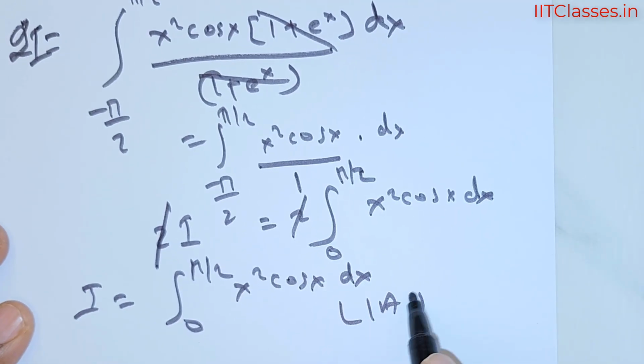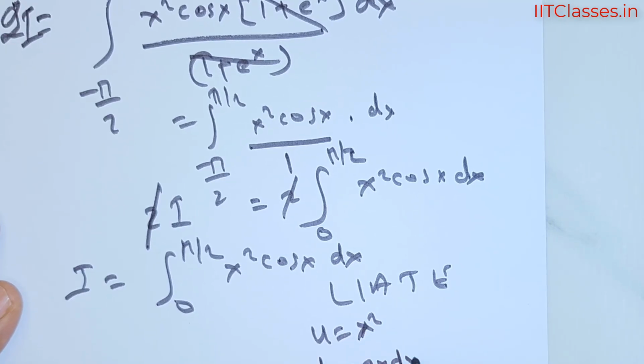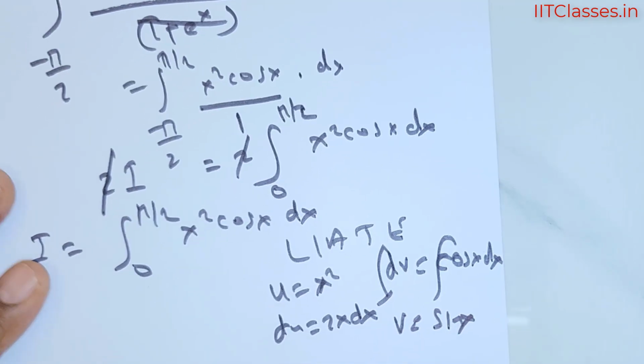Now I'm going to use the ILATE concept, so u will be equal to x squared, du will be 2x dx, my dv is going to be cos x dx. I integrate this, I get v is equal to sin x.